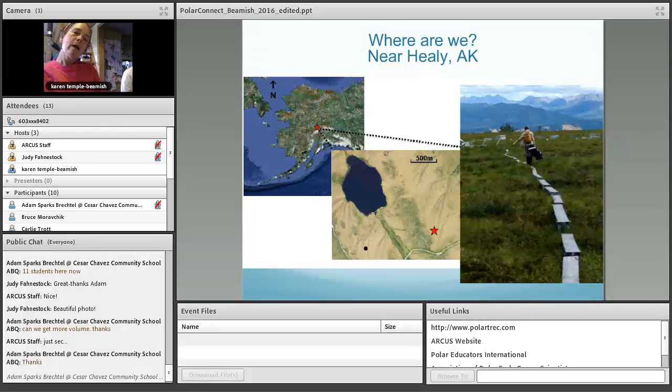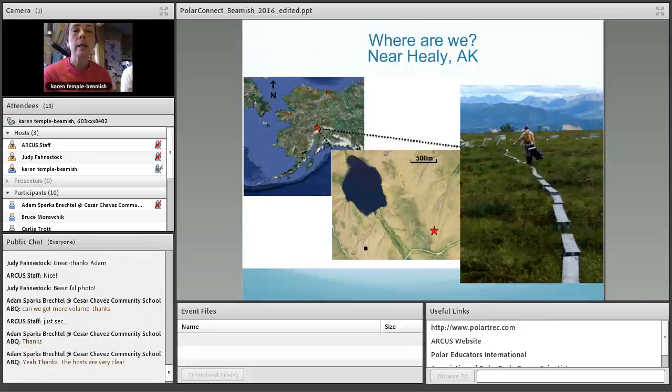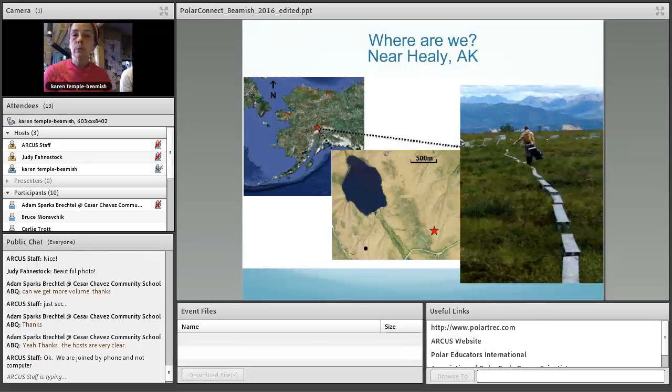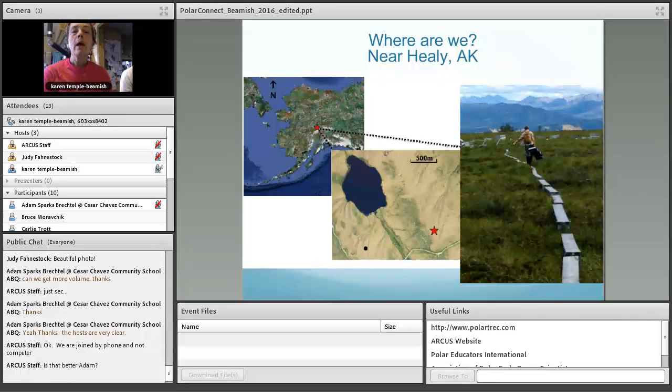So, okay, where are we? We are in Healy, near Healy, Alaska, and you can see on the screen that Healy is a little bit south of Fairbanks, about half an hour away from Denali National Park. The inset you can see there is the research site, and we actually have 2 research sites. One's called CIPEHR, represented by the red star on the screen, and another site is called Gradient, represented by the black dot.